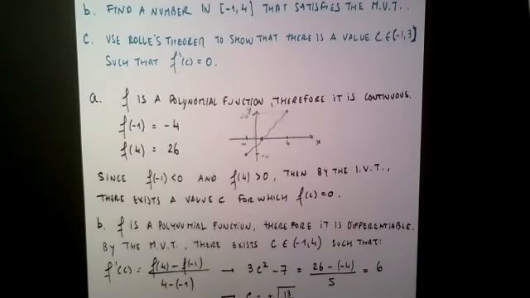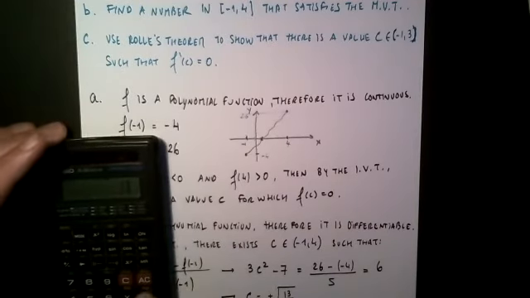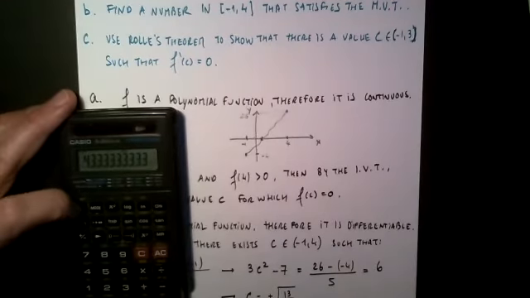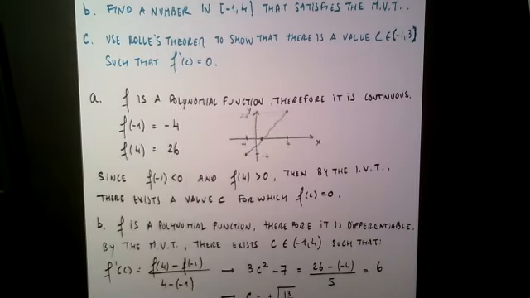Are they both between -1 and 4? Let me see. 13 divided by 3 and the square root of that. So -1.6, no, not good. So I just have to accept the positive one, the square root of 13 over 3.